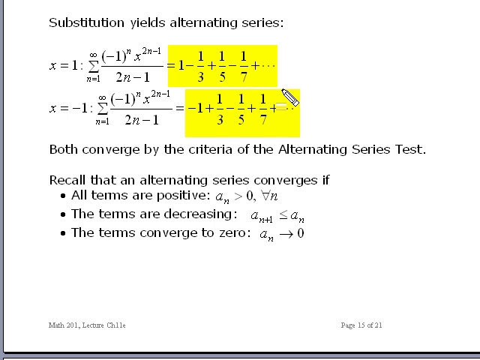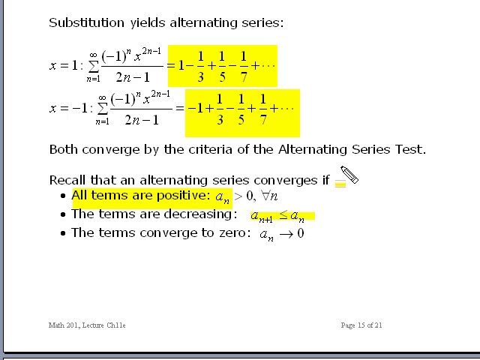The conditions of the alternating series test are listed here. The series will converge by the alternating series test if all the terms are positive. That means all the a_n's are positive, while the signs, of course, are changing. And that's the case here: we do have 1 minus a third plus a fifth, and they're all positive. The terms are decreasing, which means a_(n+1) is always less than or equal to a_n.